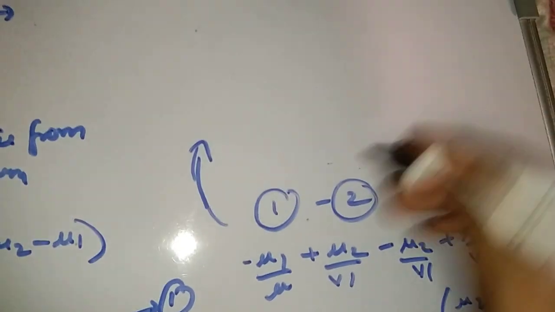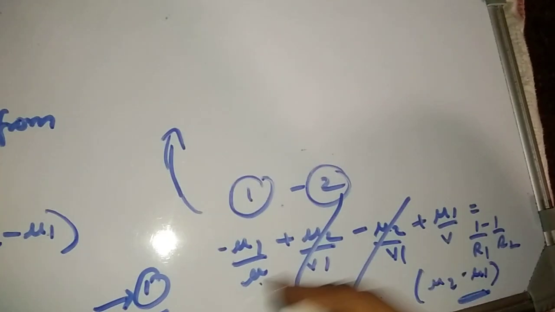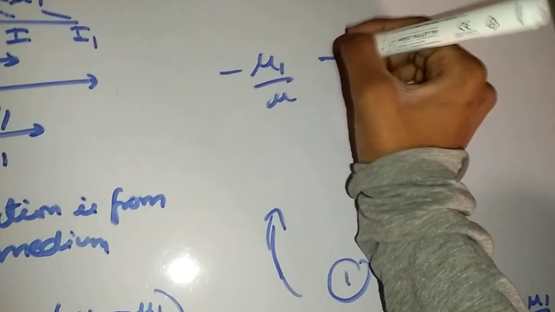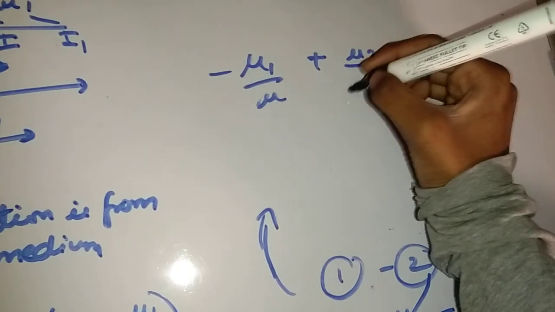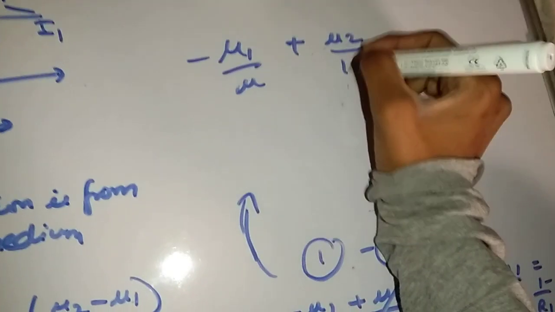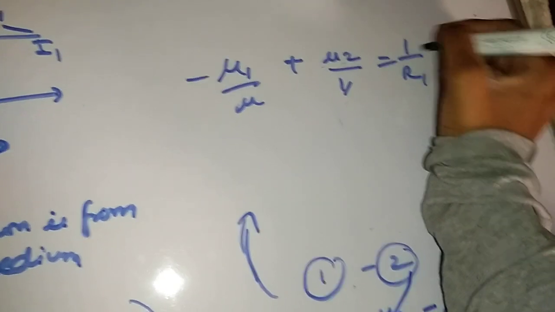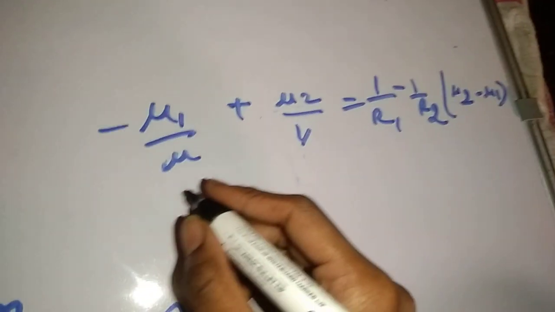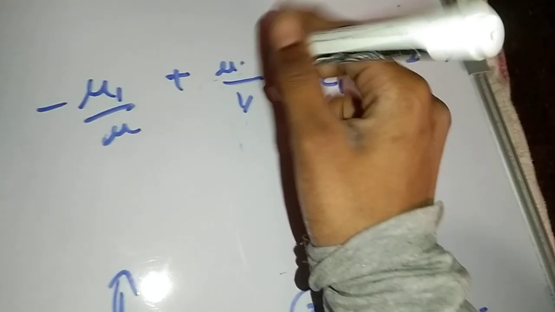So you have got these things, right? I can cancel the mu2 upon v1 terms, and then I'll be getting mu1 upon v minus mu1 upon u equal to 1 upon r1 minus 1 upon r2, times mu2 minus mu1. Can I tell this is mu1?